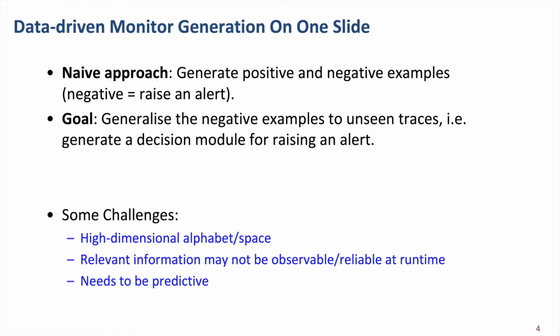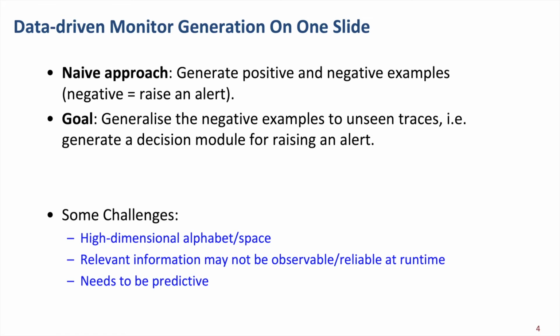The traces are encodings where at every step we have all the properties of the system and its environment, so it's highly dimensional. There's probably continuous data in it. Lots of the information may be available during simulation, but not at runtime. So the precise position of another car, the intent of other agents is all not known.